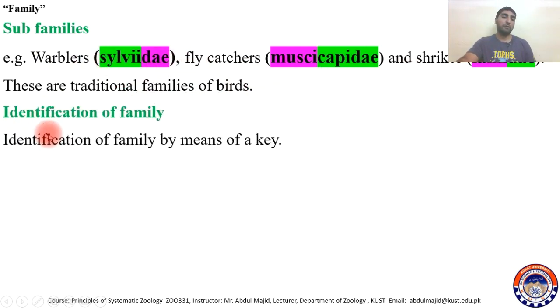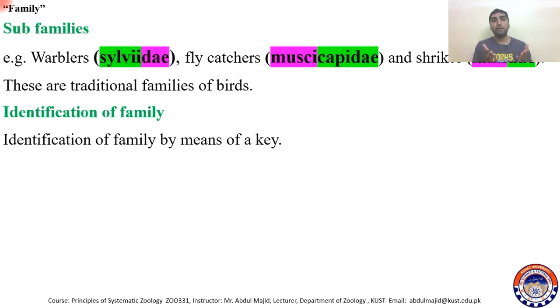So identification of family is normally done through keys. It's not like a lock and key thing. A key is a small book where the characteristics are given in a systematic way. You open the book, and for example, if you want to identify certain fishes, you go for the fish identification key.